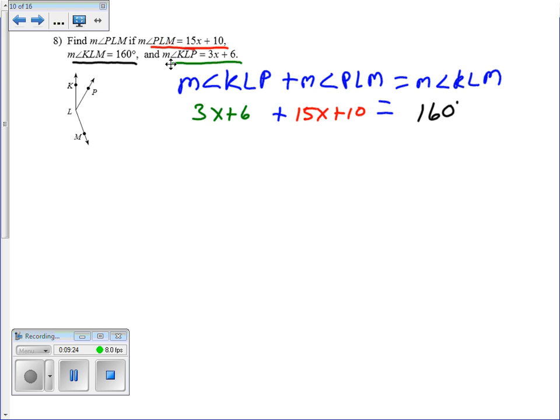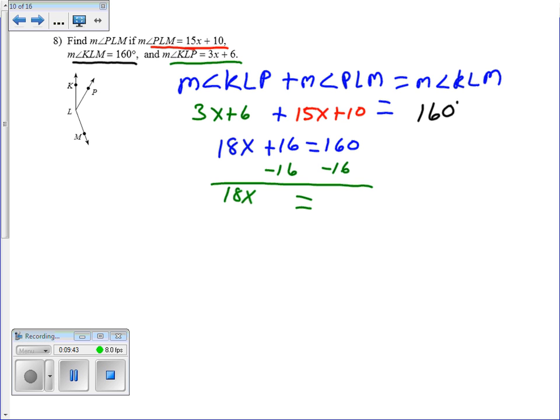So simplify the left, add like terms, you're going to get 18x plus 16 equals 160. Subtract 16 from both sides, and you get 18x equals 160 minus 16 gives me 144. Divide each side by 18. x is going to be equal to 8.